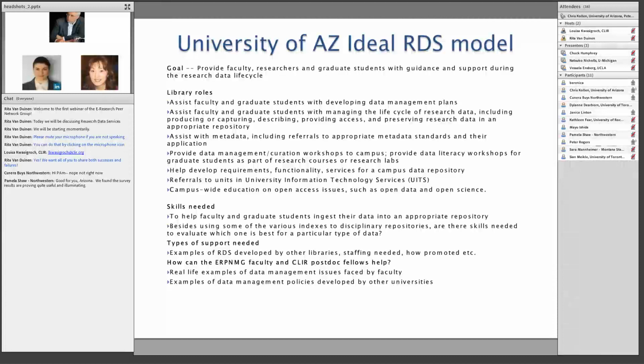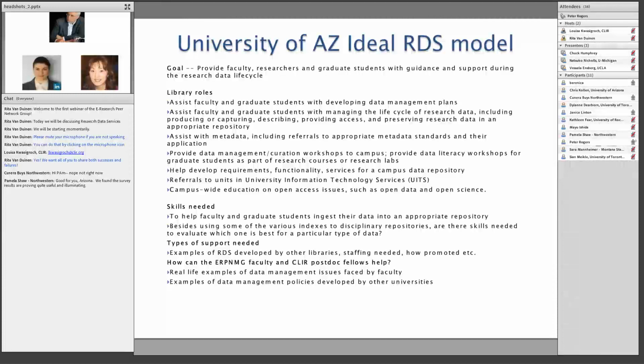And also, one thing that's coming up, and I don't know what specific type of skill this would be, but there's a number of indexes to disciplinary repositories, and depending on somebody's discipline, there can be a lot of them. Is there an easier way to evaluate which ones would be best for a particular researcher without going into a lot of detail into each repository?